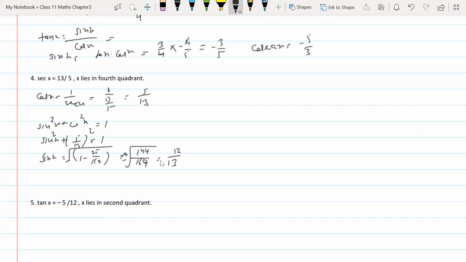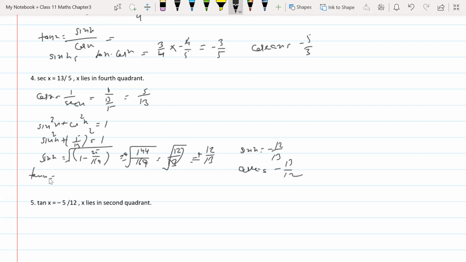That is plus minus 12 by 13. But because it is in the fourth quadrant, and in the fourth quadrant sine is negative, hence sin x would be minus 12 by 13, and cosecant is 1 upon sine. It means it would be minus 13 by 12.